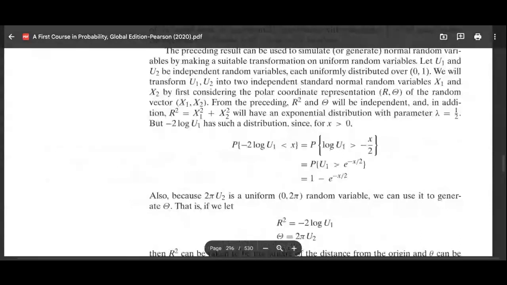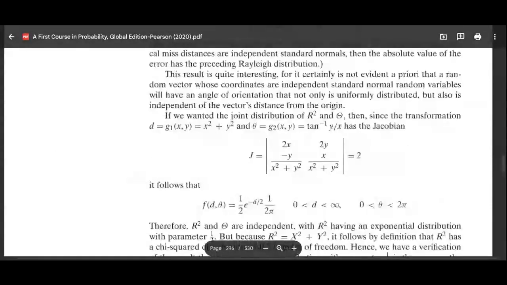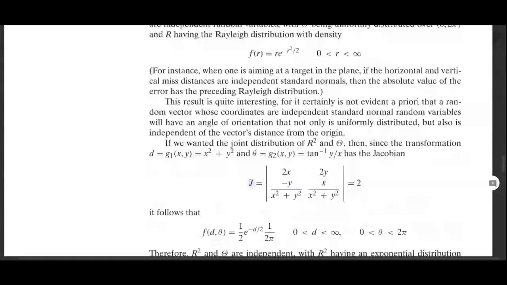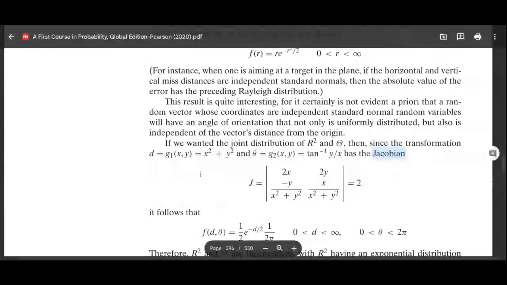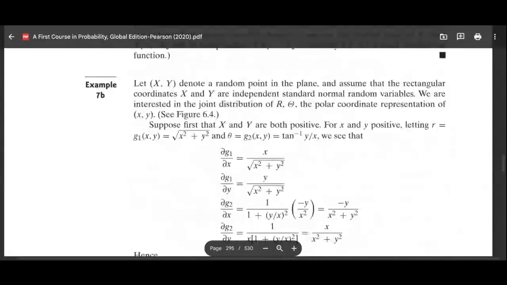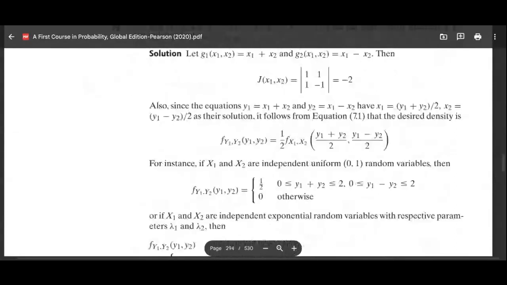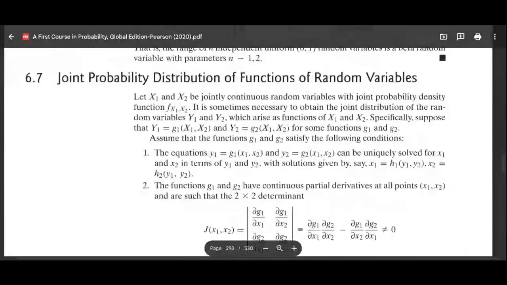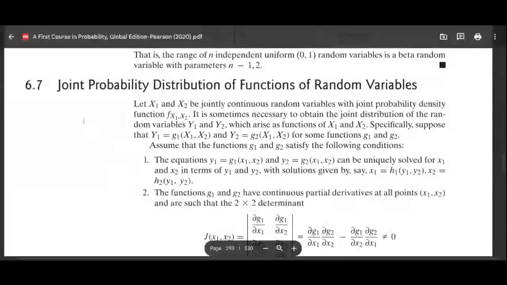Remember in vector calculus, a very important concept is exchanging variables. Then we have the Jacobi. Remember this guy, our old friend, Jacobi. Okay, I guess it's this, joint probability distribution of functions of random variables. I'm not sure, let me check our syllabus.